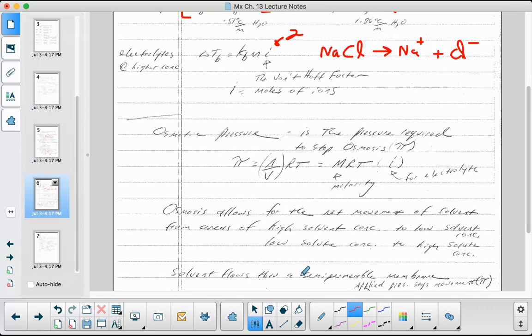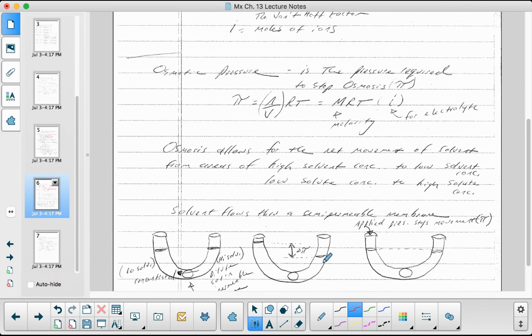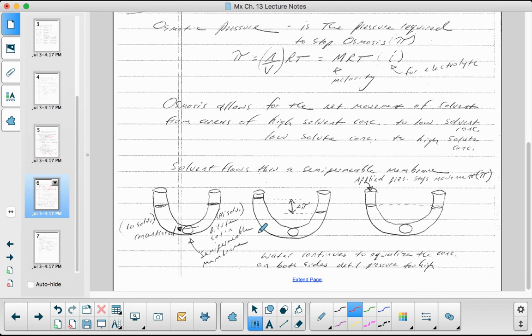And so the solvent can flow through a semi-permeable membrane. Here I just give a progressive diagram of what happens in terms of the flow across the semi-permeable membrane and how osmotic pressure is measured.